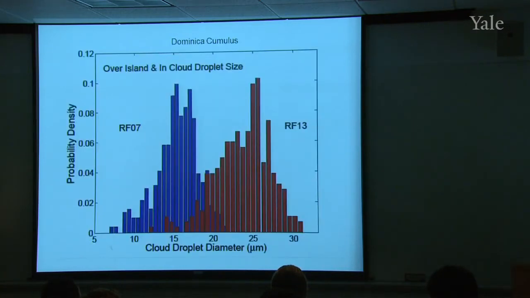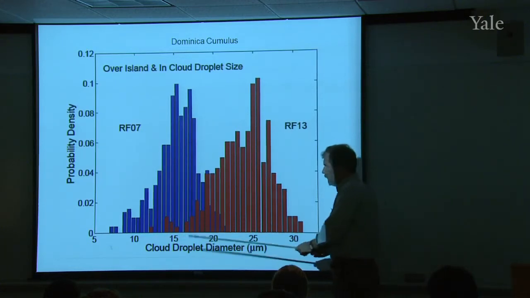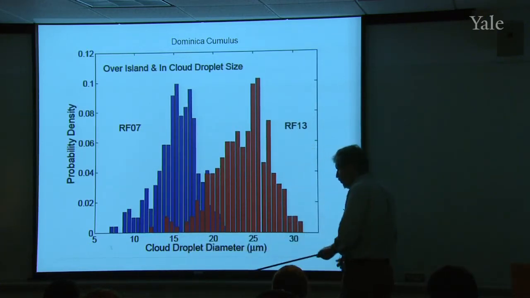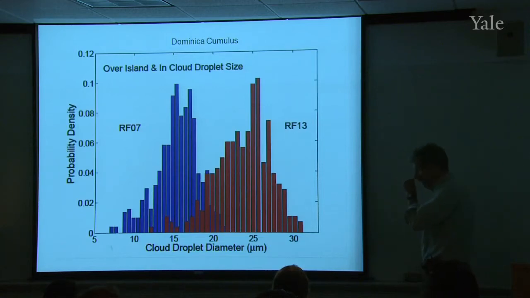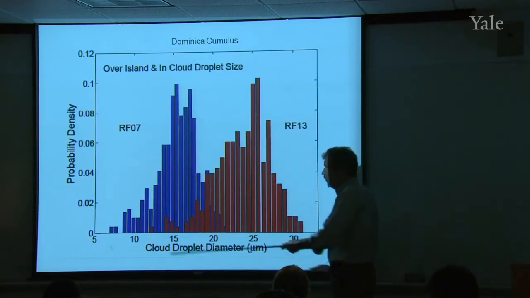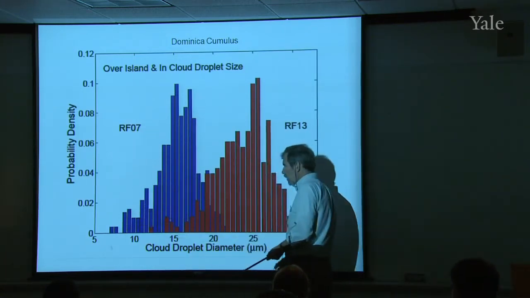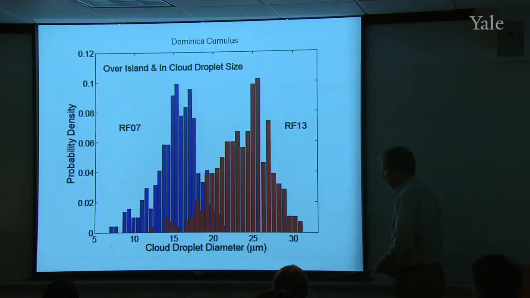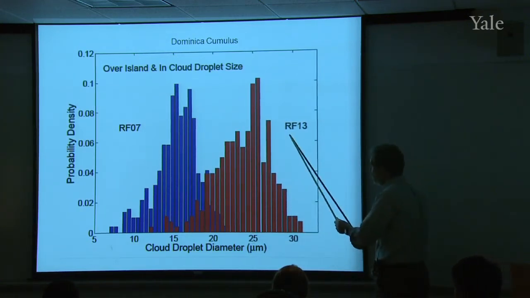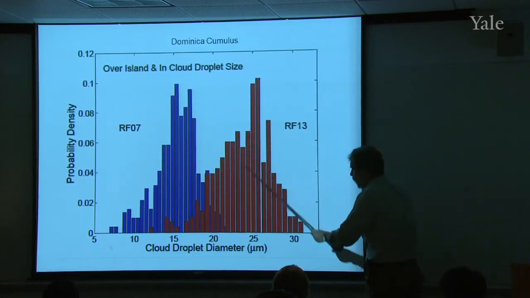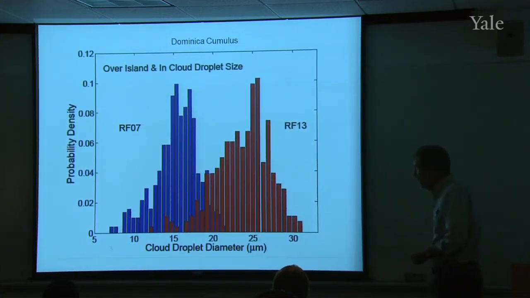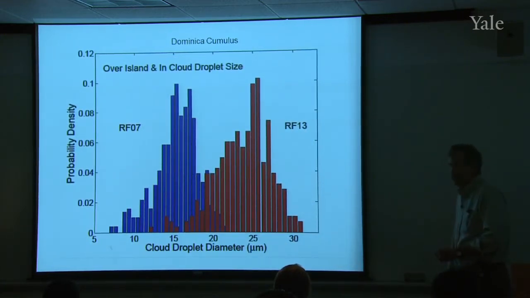And then one more diagram from the same experiment we did. We found that under certain conditions, some clouds would have, the cloud droplet diameter would be larger, in other cases smaller. This is the probability density of finding a particular cloud droplet diameter. On one research flight 13, we found cloud droplets that were on the order of 20 to 25 microns.